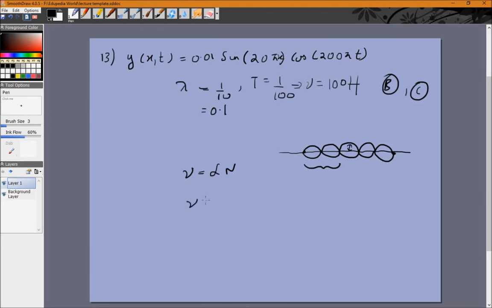Frequency is equal to nV by 2L. These are the standard formulas you need to remember. So it's proportional to n. So the fundamental frequency is not 100, the fundamental frequency is 20 Hz. It's vibrating in the fifth harmonic, therefore it's vibrating at 5 times the fundamental frequency. So the answer will be B and C.